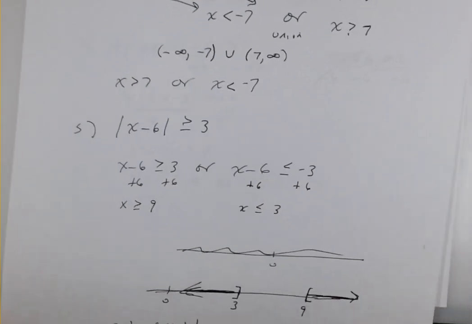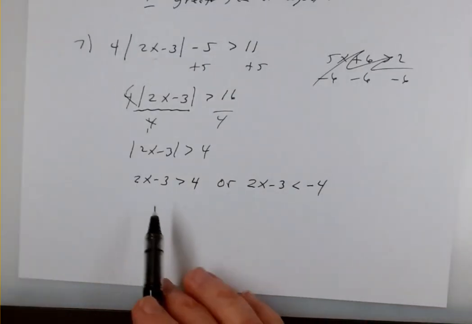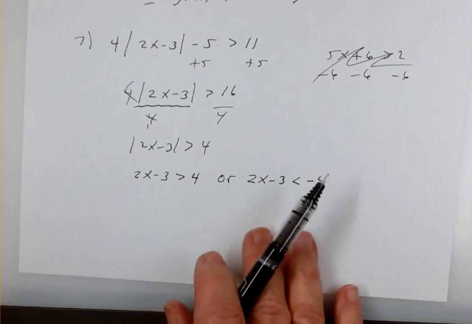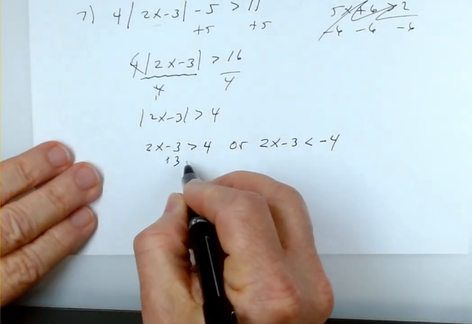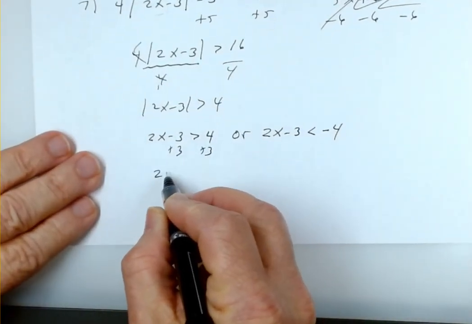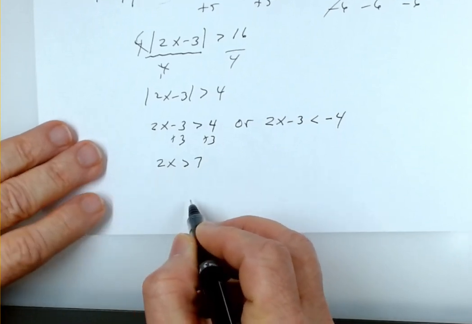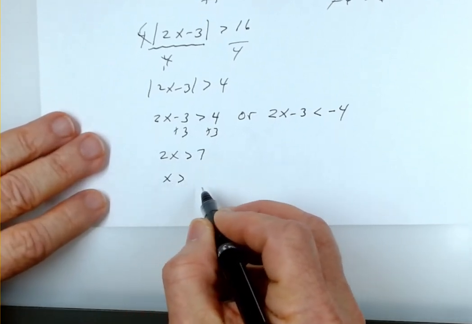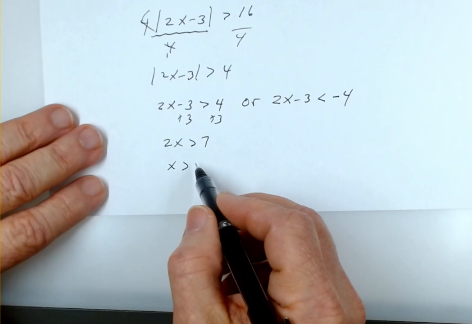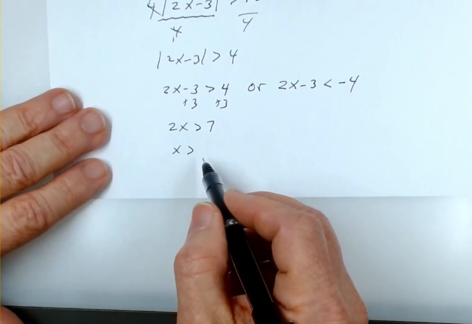Okay. And then when we solve this, add 3 to both sides, I get 2x is greater than 7. So what's x greater than? 7 over 2.